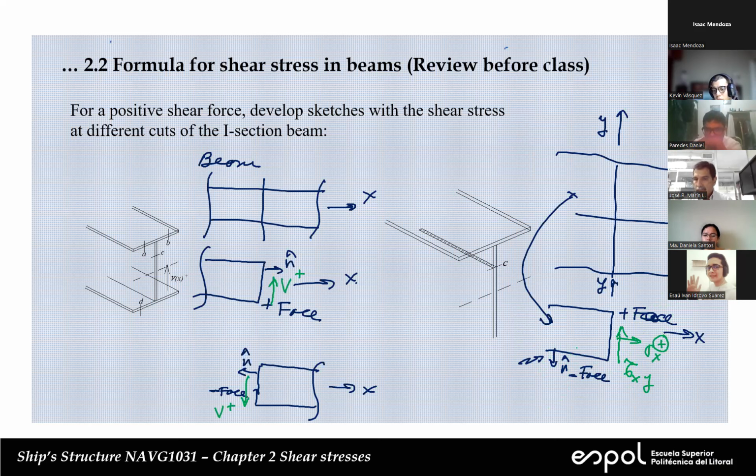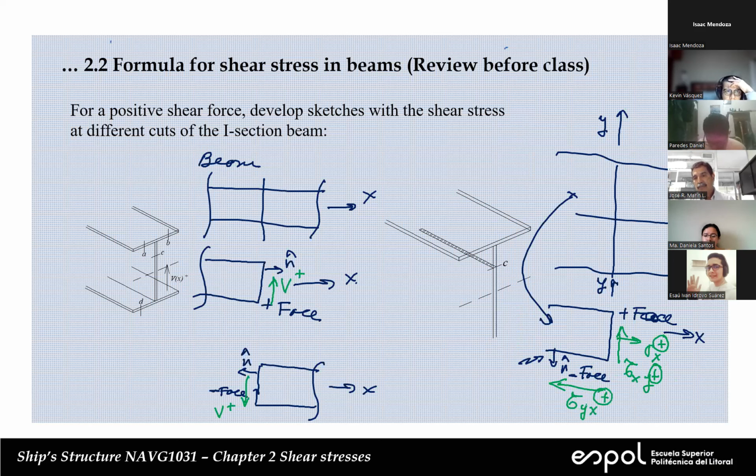Now, the opposite here, this is a negative phase, right? In the negative phase, the positive shear stress will point in the negative x direction. So that's the negative, and this is going to be tau yx.